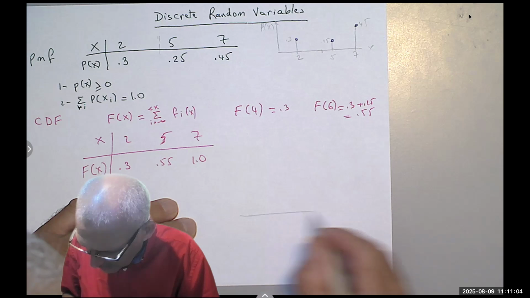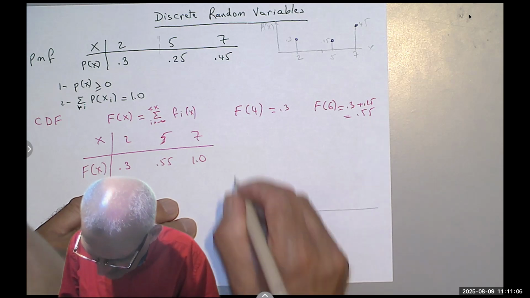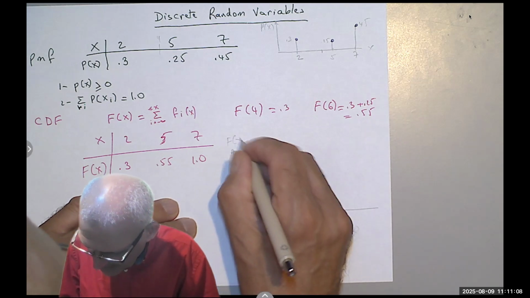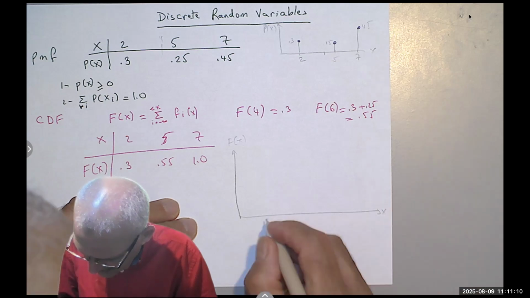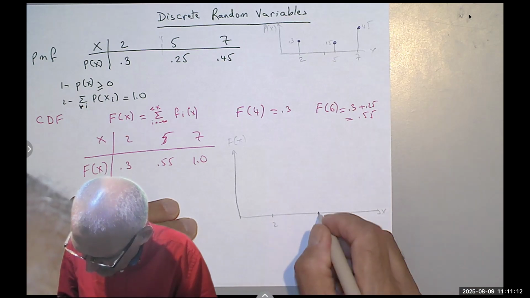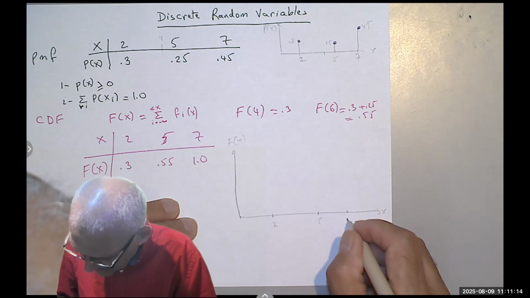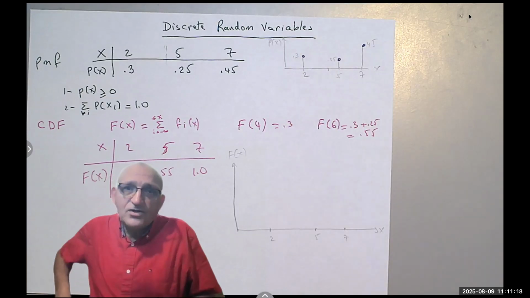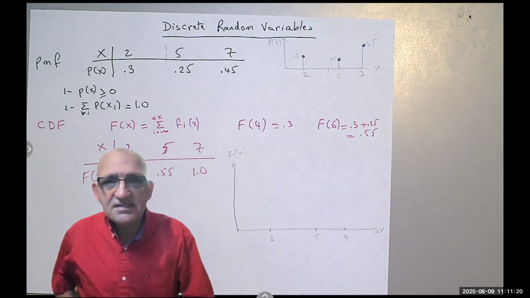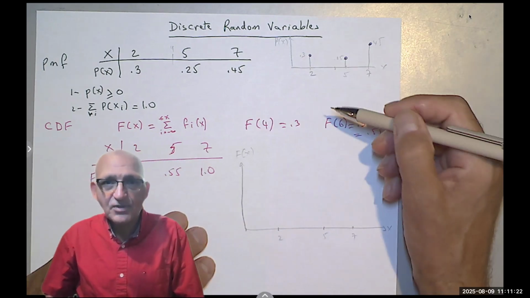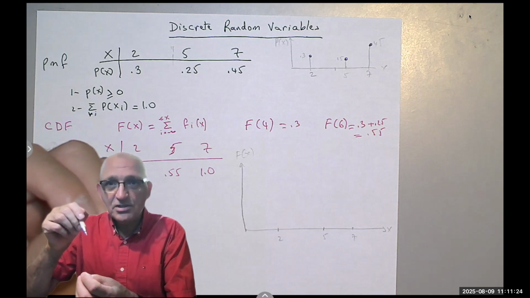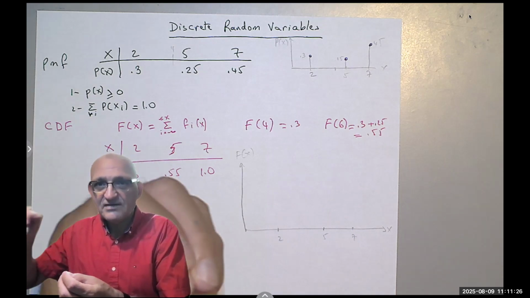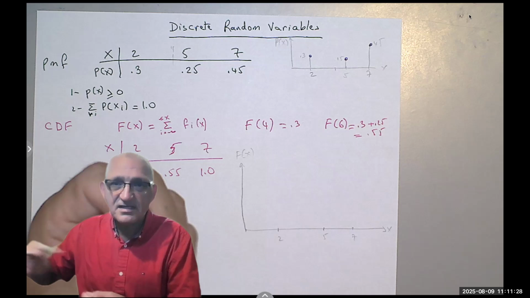And if you try to draw it, if this is f of x, and this is x, then 2, 5, 7. We call that in math, or even in engineering, an impulse. You get a pulse at 2 and nothing, then a pulse at 5, nothing, a pulse at 7, nothing.